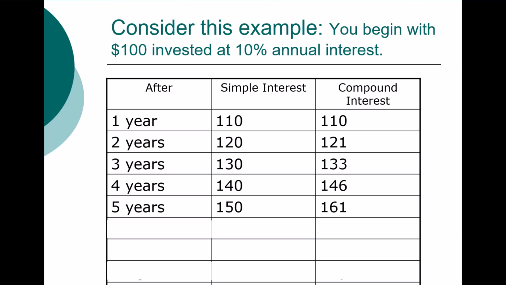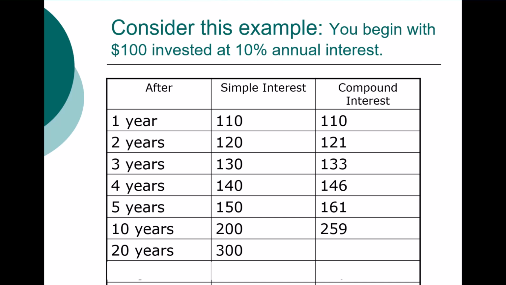$161 for compound interest. Year 10, so we're going to skip 5 years, go up 10 years. We're going to have $200 in simple interest with that initial $100 amount. With compound interest, we're going to be up to $259.